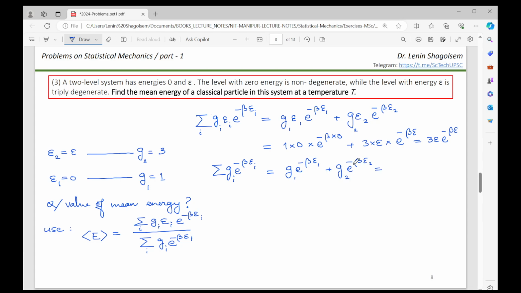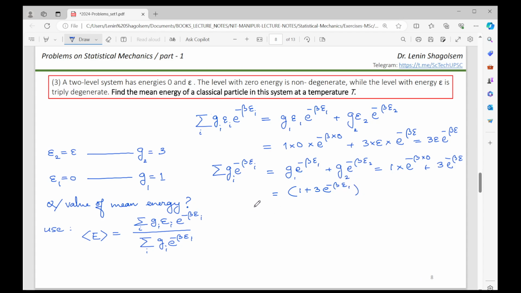So after putting all the values of epsilon and g1, what we have is 1 times e to the minus beta into 0 plus 3 times e to the minus beta epsilon. So this gives us the value of the partition function to be 1 plus 3 times e to the minus beta epsilon 1.